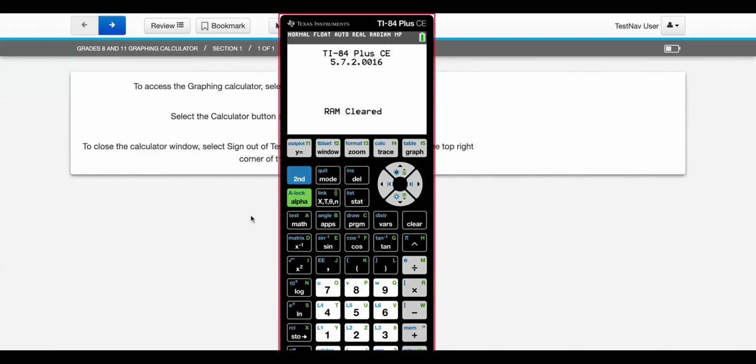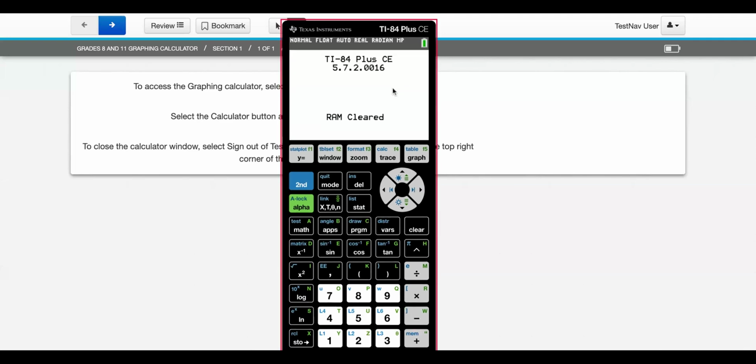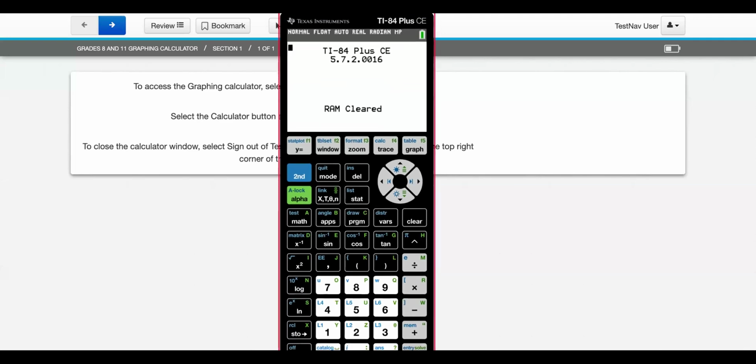Okay, we all see the graphing calculator? I have to switch. All right, so now I want to do second ln because that gives me E with the exponent already in. And then I just do 3 divided by 2.